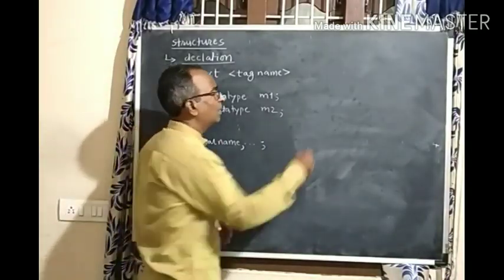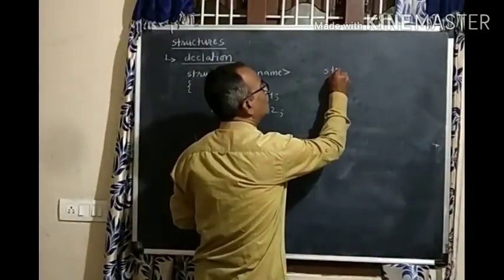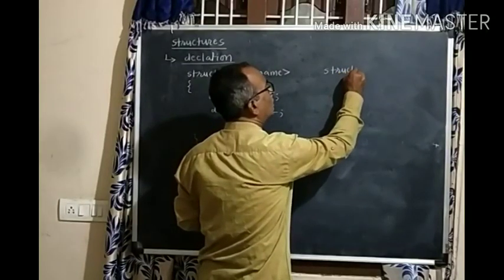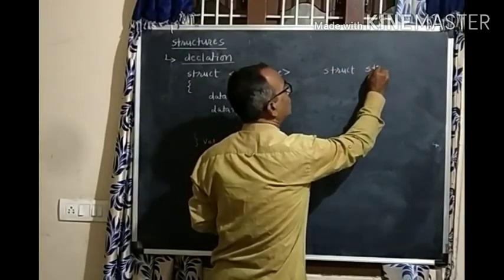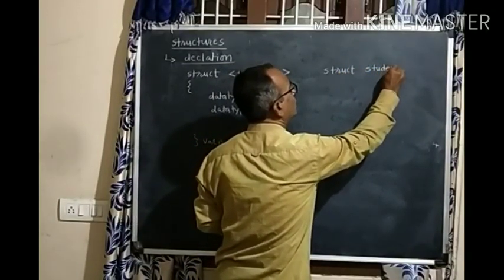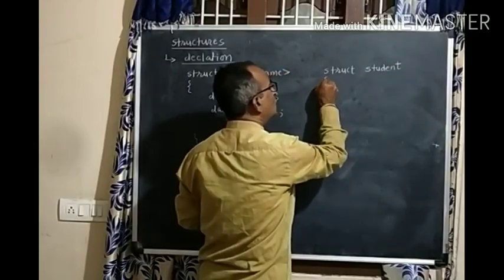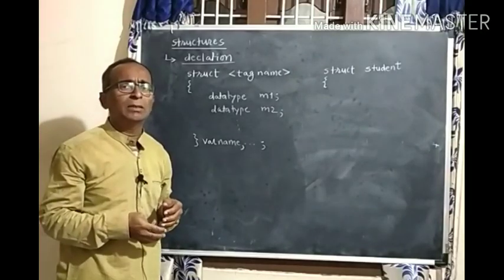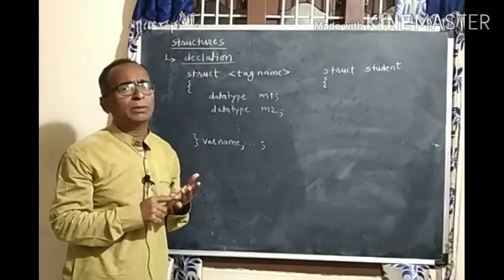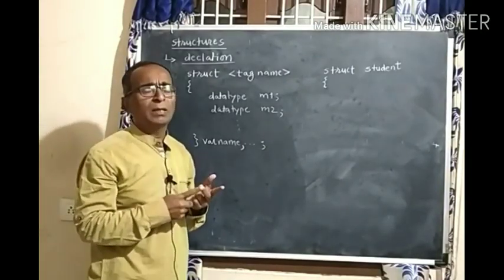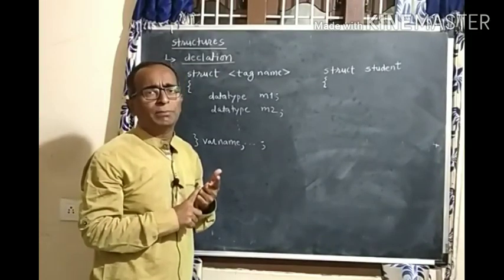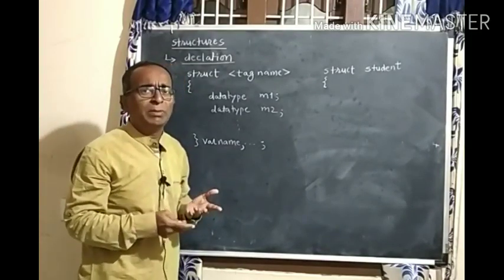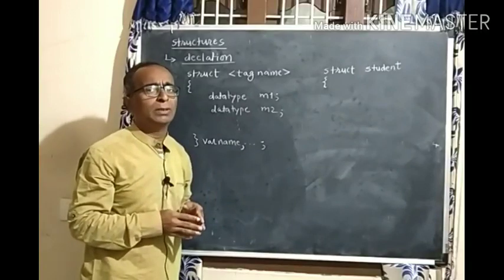So as an example, suppose I want students' data to be collected. Student will have logical information, like student will have its roll number, its name, then percentage of marks. Many things will be there pertaining to student.